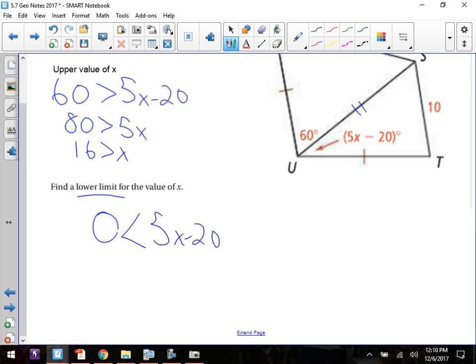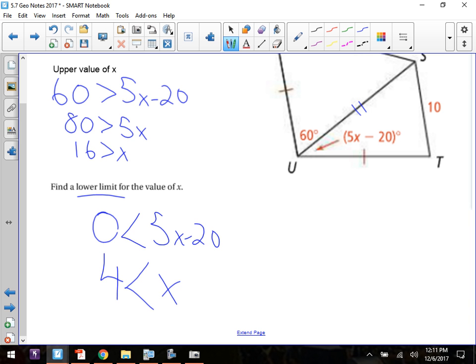Because that angle measure has to be bigger than 0, then you wind up with another inequality. Add the 20 and divide by 5, and what do you get? 4. x has to be bigger than 4, but x has to be smaller than 16.